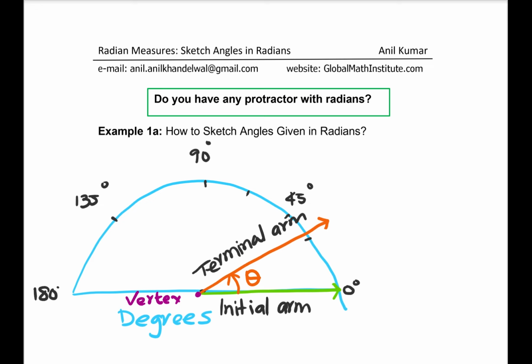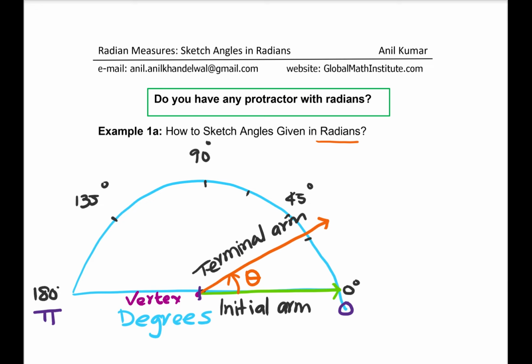Now, how do we do it when we have radians in question? That is what we will see. One thing to remember is that when we talk about radians, 0 degrees corresponds to 0 radians itself, and 180 degrees corresponds to pi radians, right? So that is the relation between degrees and radians.